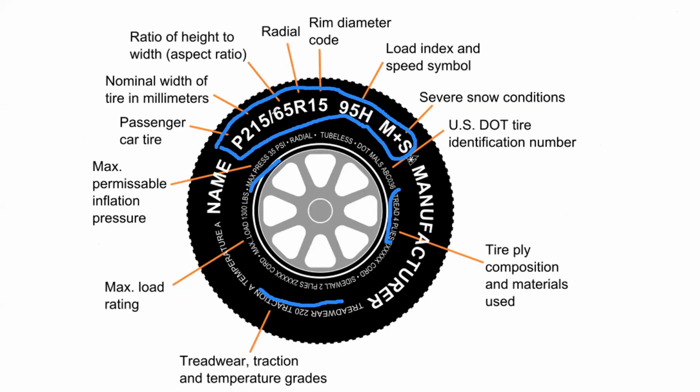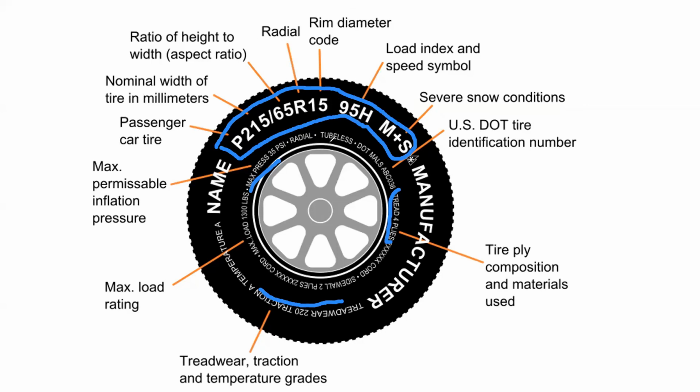Then this 65, right? 65 means aspect ratio. I'll come back to the aspect ratio next, right? Before that, we go to the R part. R means what type of tire is this? So I told you there's bias ply and radial ply, right? So if it is a bias ply, this comes like B, right? If it is a radial ply, it comes like R, right? 15 means the rim diameter, right?